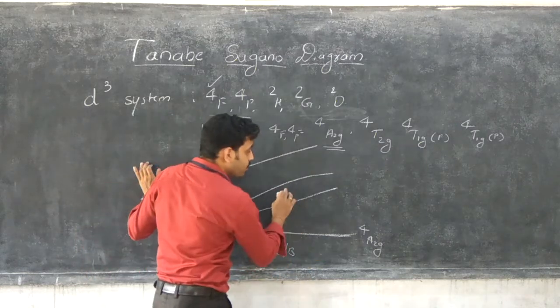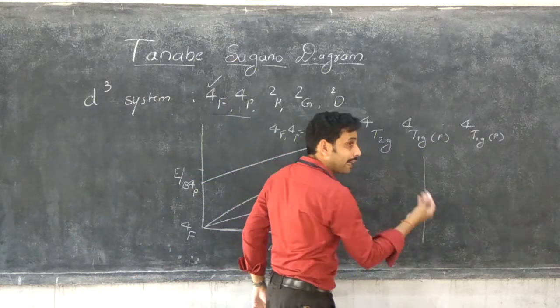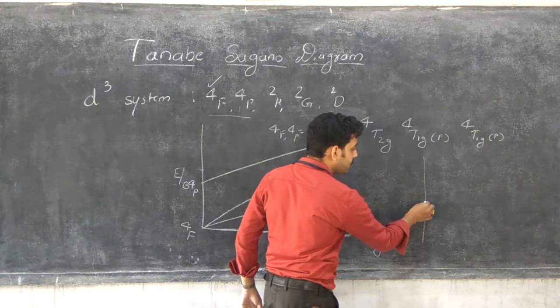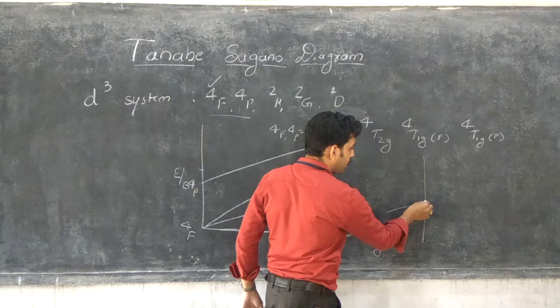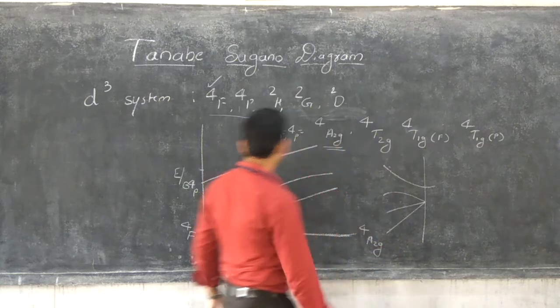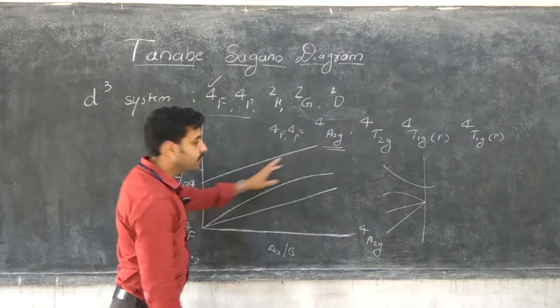Means why will these be like that? Because based on the Orgel diagram, in the left half of the Orgel diagram, it is like that. Either you can plot it in curve nature or in a straight line.